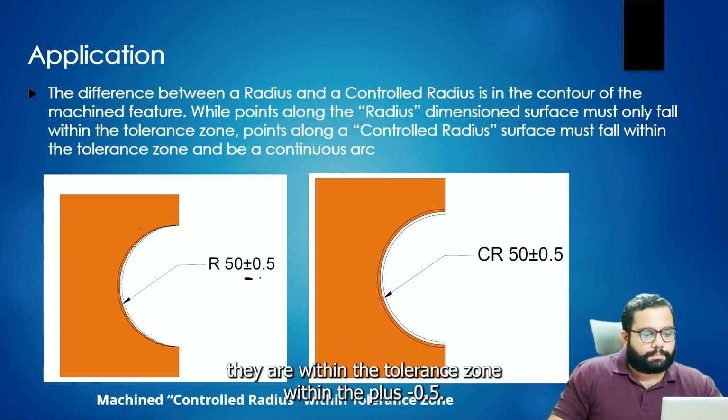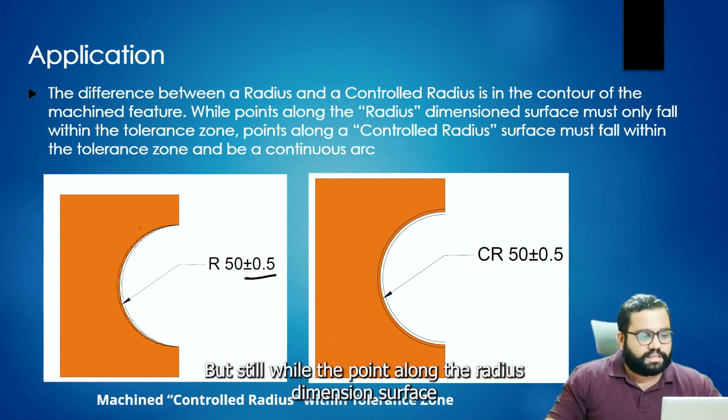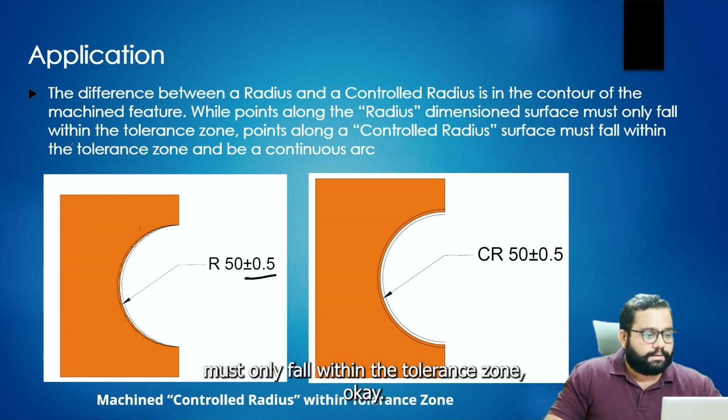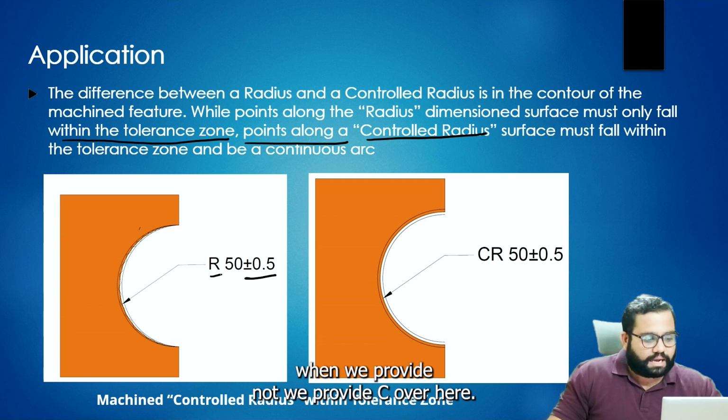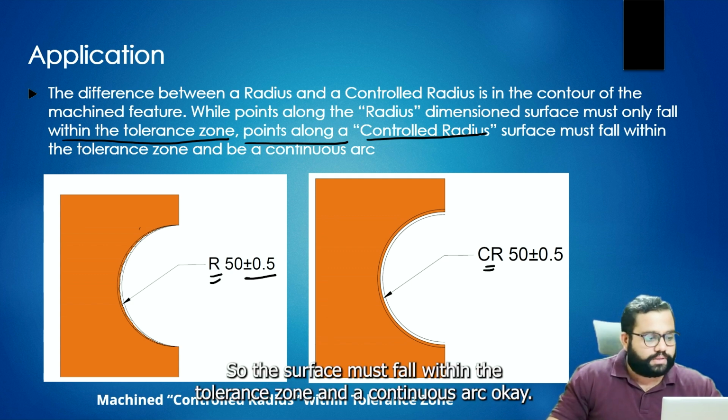Although they are within the tolerance zone, plus or minus 0.5, points along a radius dimension surface must only fall within the tolerance zone. But for points along a controlled radius, where we provide C instead of just R, the surface must fall within the tolerance zone and form a continuous arc.